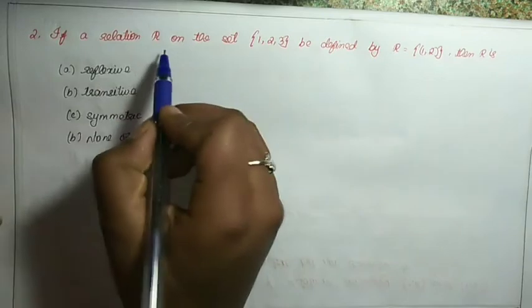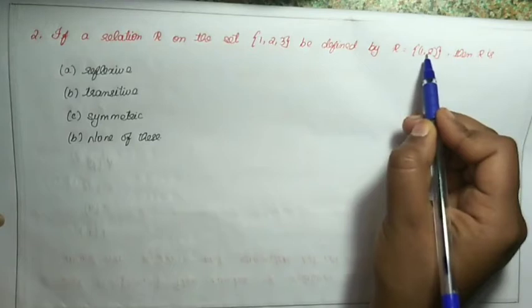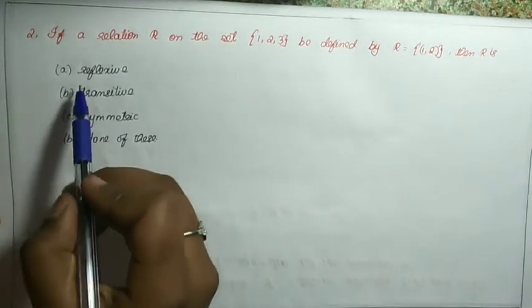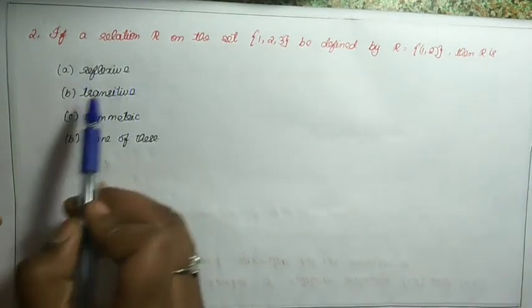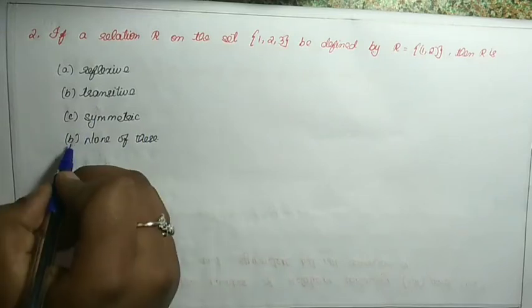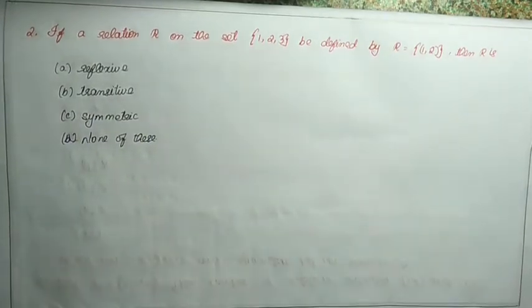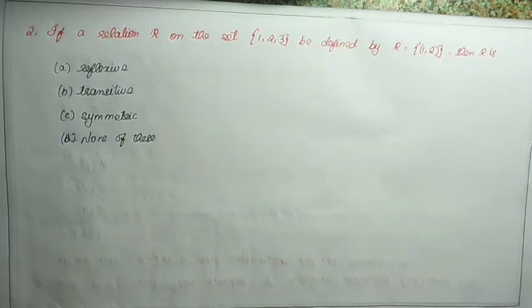Question 2. If a relation R on the set {1, 2, 3} is defined by R equals {(1, 2)}, then R is option A reflexive, option B transitive, option C symmetric, option D none of these. You all might think only one pair is given, that is (1, 2).